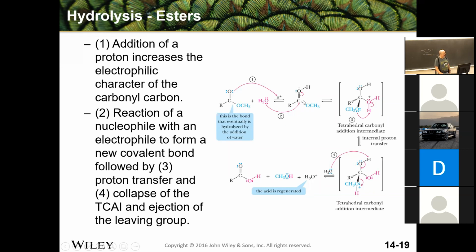So water can more readily attack the carbon. The OCH3 then accepts a proton. Water removes this proton, oxygen pushes down, and it pushes out methanol. So H3O+ is regenerated, so it is a catalyst.